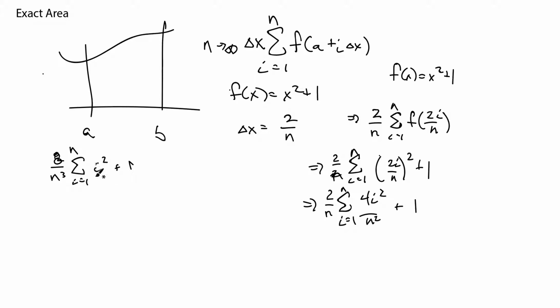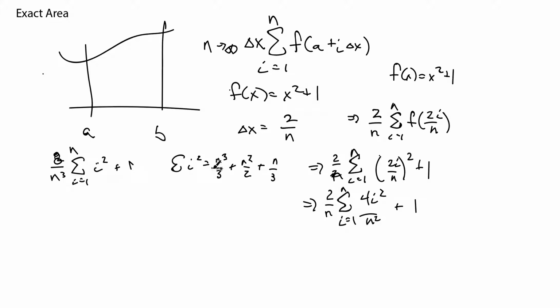Now, we were told what the sum of i squared was. The sum of i squared was n cubed over 3 plus n squared over 2 plus n over 6, I think. We'll check this on the computer. So basically we can just substitute that in for our summation here.